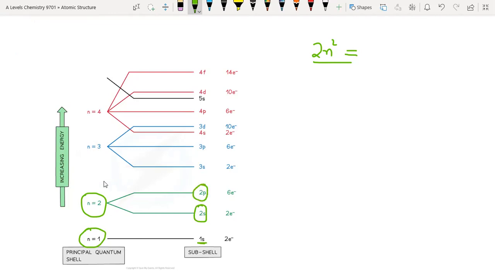Then shell number 3 is subdivided into three subshells, 3s, 3p, and 3d. Similarly, the fourth shell is divided into four subshells, that is 4s, 4p, 4d, 4f.